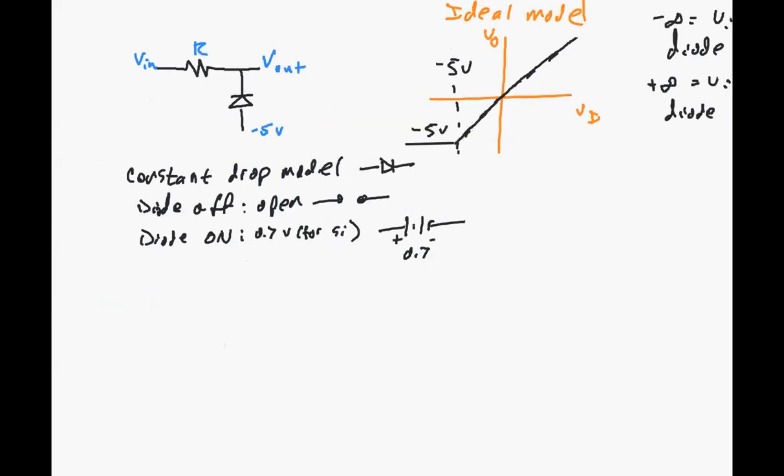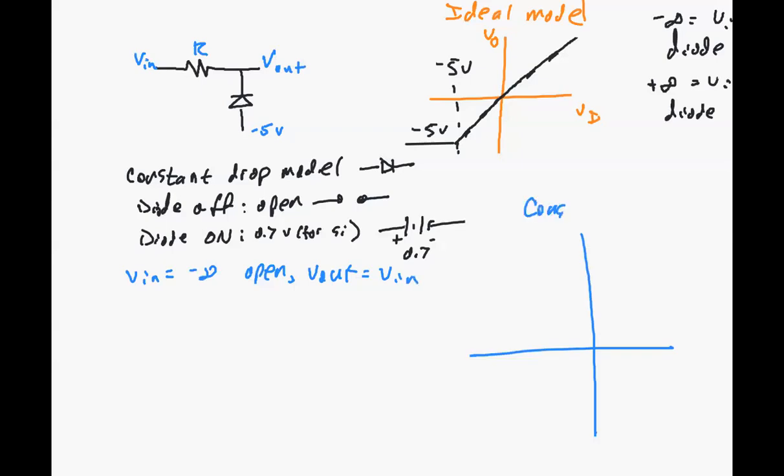So what happens with the constant drop model? Well, we have those same two situations. When Vin is equal to minus infinity, it's not an open, it's a 5 volt battery, and the diode is a 0.7 volt battery.